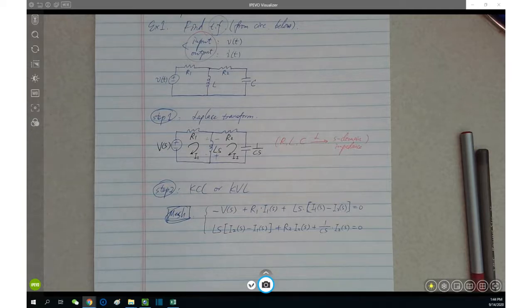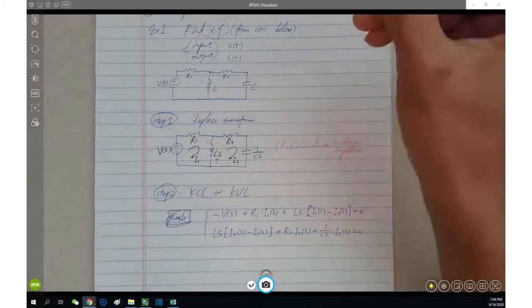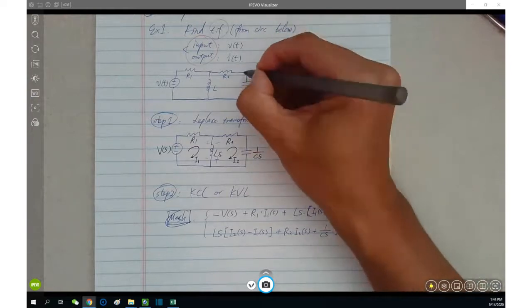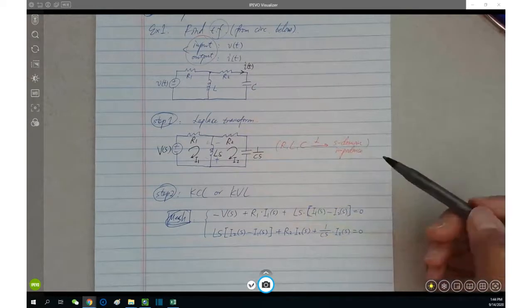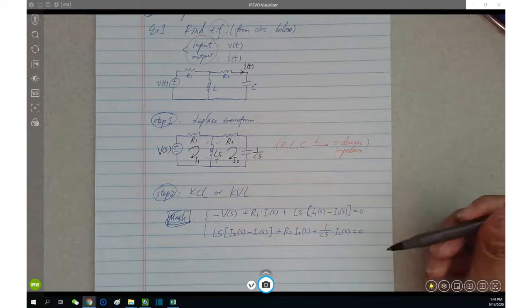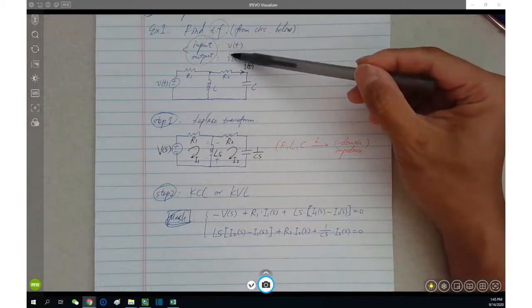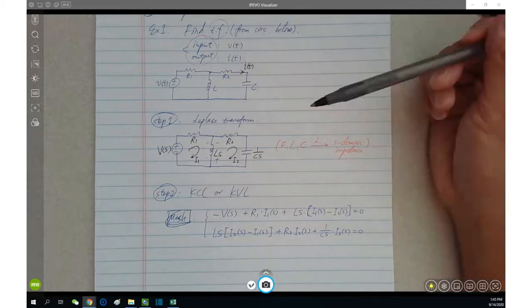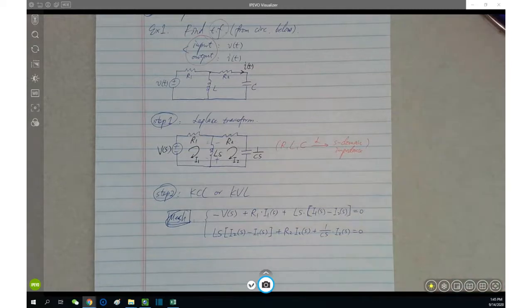I of t, where is it? It's actually here. In the exam, it's definitely going to be given. As I said at the beginning, if the input and output are not clear, then it's meaningless to go any further. So input and output are definitely labeled clearly in the circuit or system.